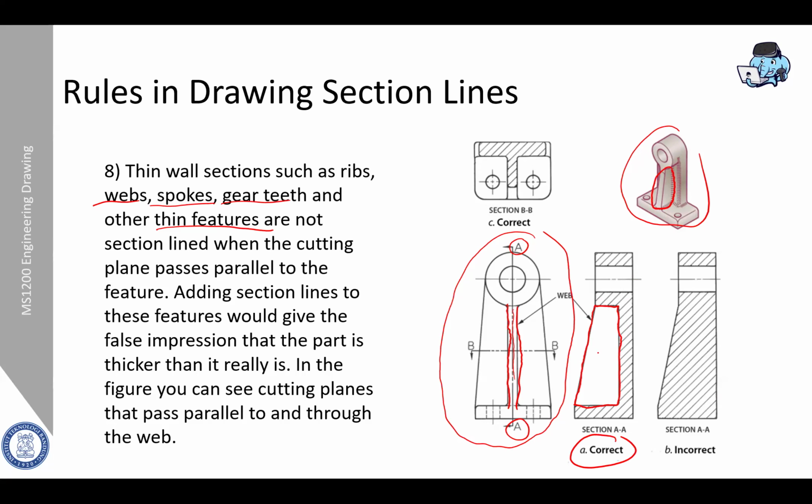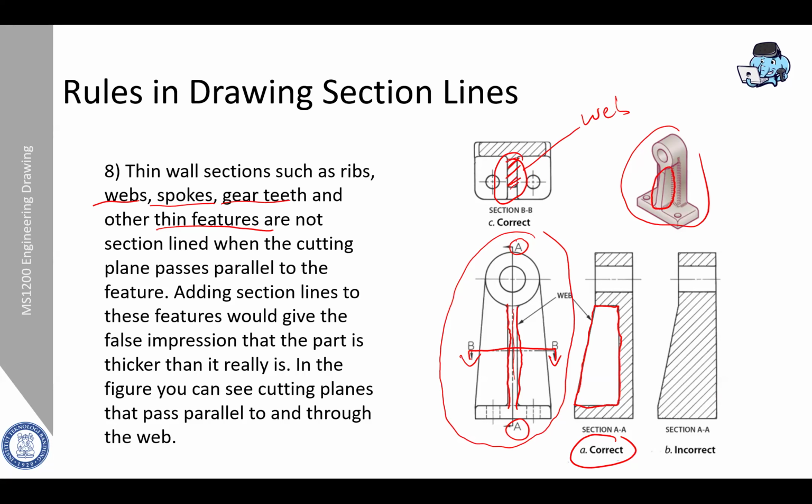Tapi misalnya Anda menggambar section BB. Nah, ini kita tetap gambar webnya. Ini kan webnya. Kita tetap gambar arsirannya di sini, karena section plane-nya perpendicular to the web.